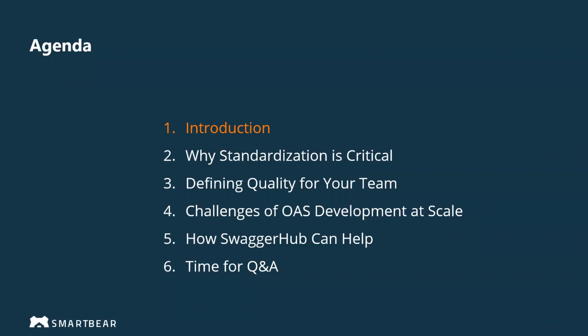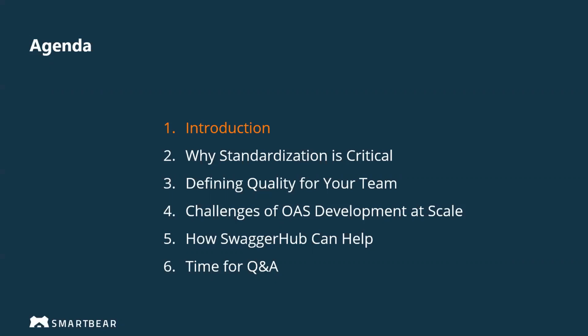So with regards to today's agenda, we've gone through a bit of an introduction. We're going to go through standardization and why this is critical within API design. We're going to talk through quality and how we can define that quality within your teams.